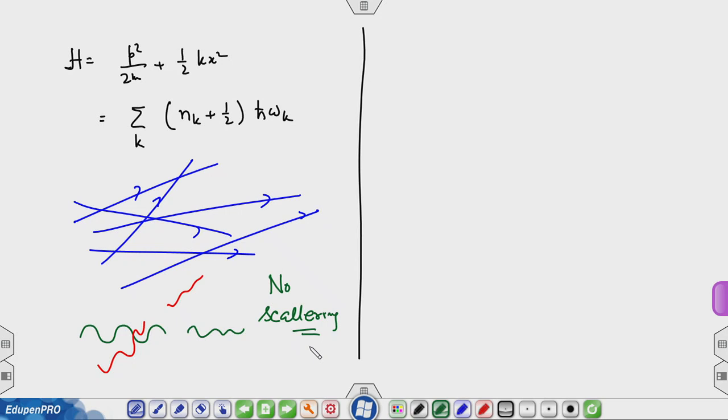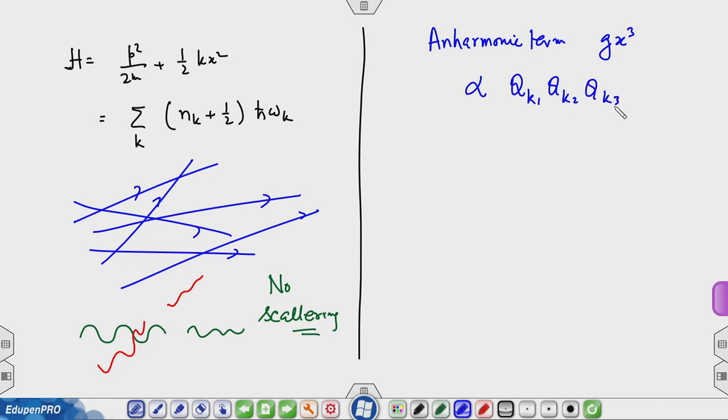But if I take the next order term, an anharmonic term, g x cubed, which is going to be proportional to q k1, q k2, q k3, because each x has that q k e raised to i k x behavior, and this is going to be equal to a combination of 3 creation and annihilation operators.